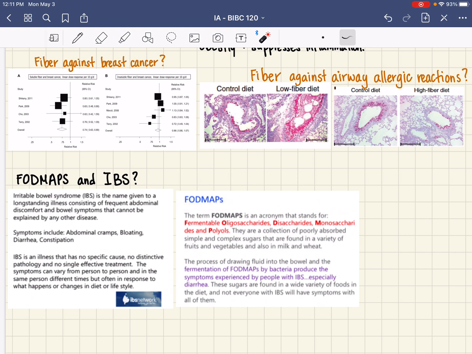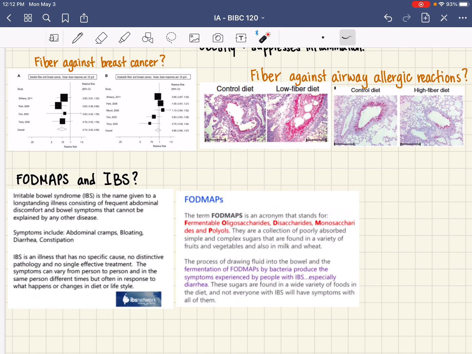Scientists have figured out that eating FODMAPs sometimes causes the same symptoms that are found in individuals who have IBS. And so there are diets for some individuals with IBS that have very low amounts of FODMAPs in them. And sometimes people who have IBS, if they completely avoid FODMAPs or they eat less of FODMAPs, then they feel better, right? Their symptoms are alleviated.